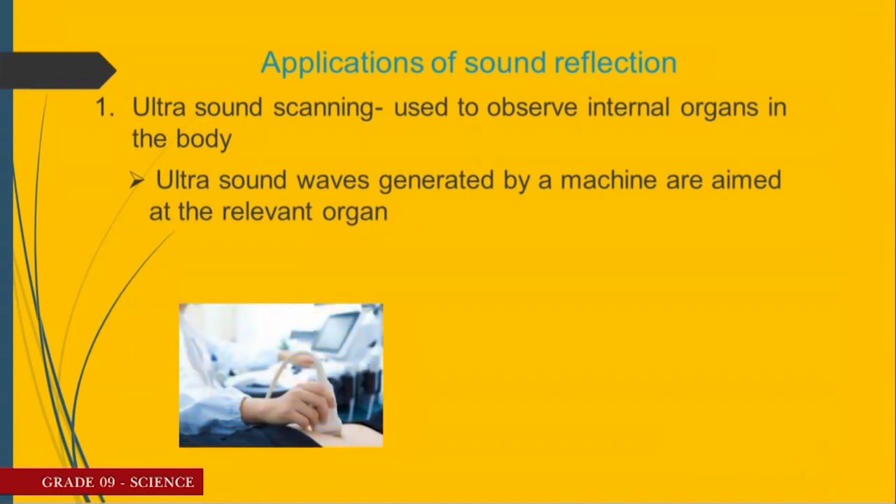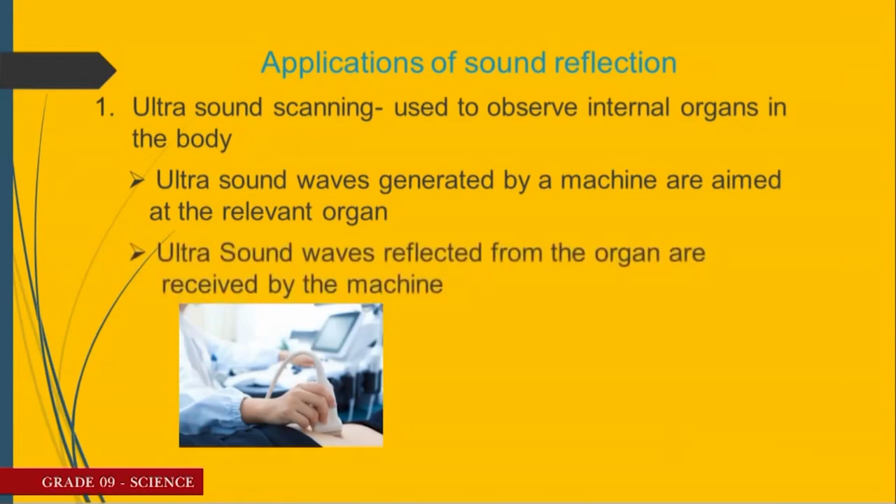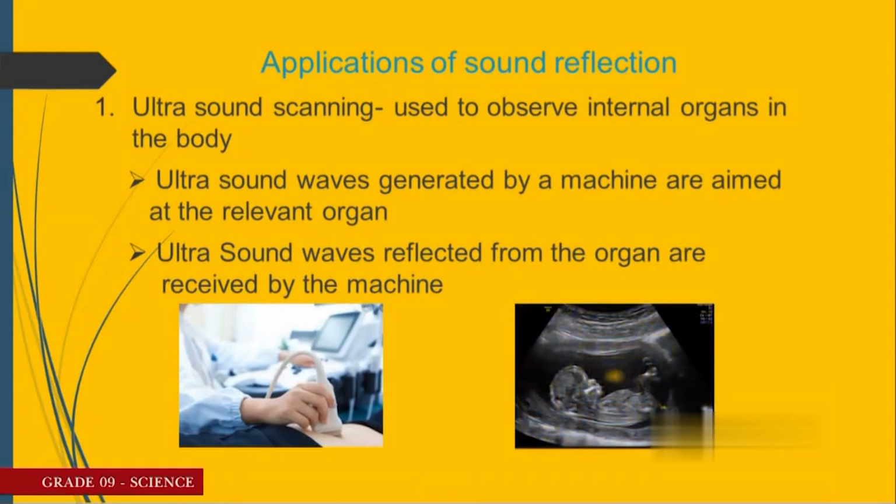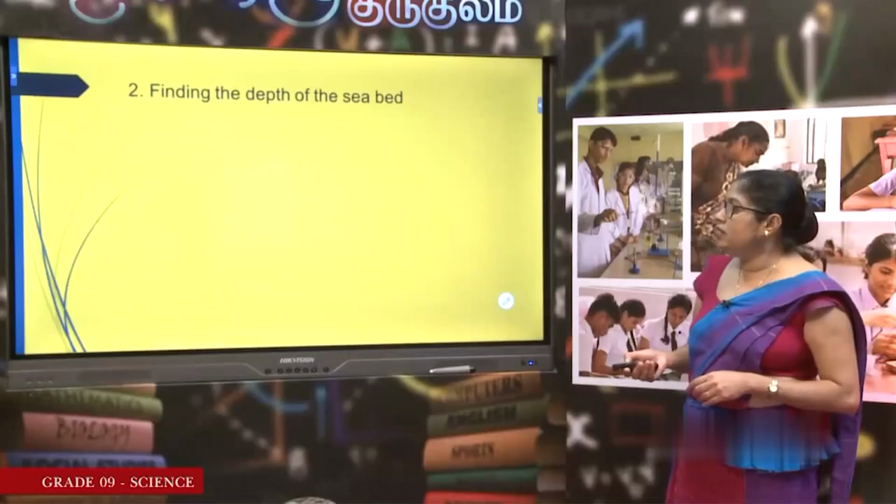So, this is the ultrasound machine and the ultrasound waves aimed at a mother's womb. The sound waves reflected from the organ are received again by the machine and the machine gives out a picture like this. So, this is the fetus inside the mother's womb.